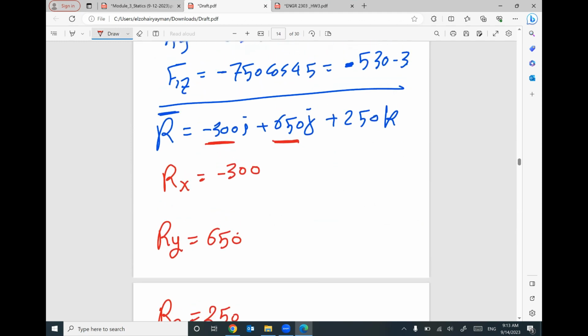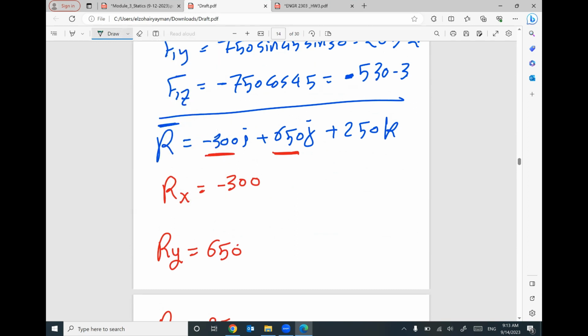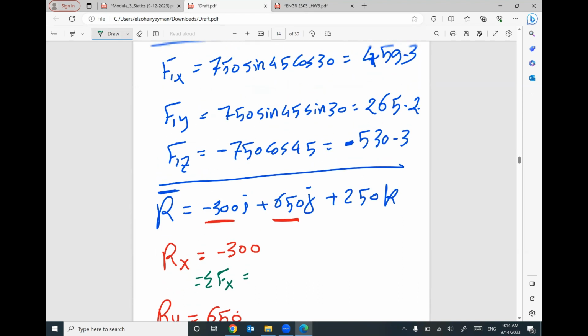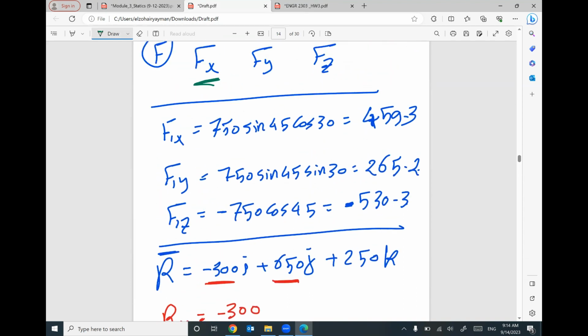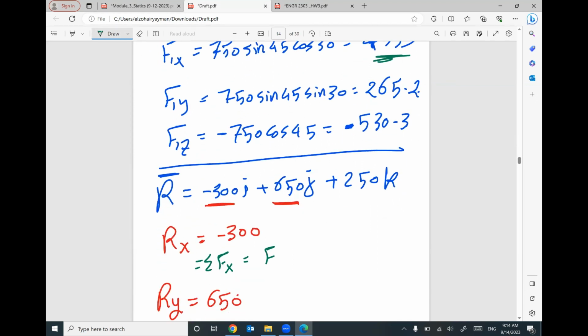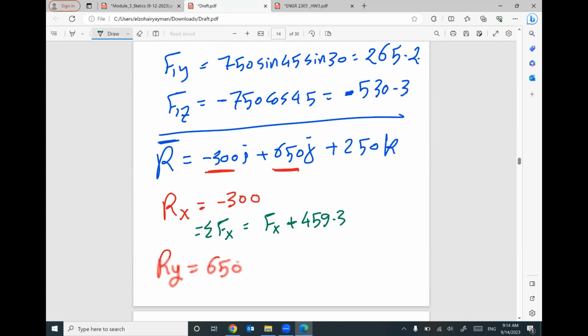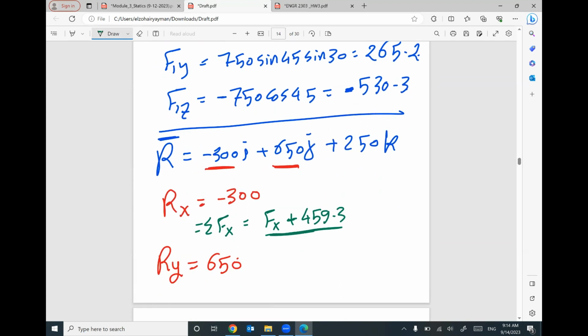Does that make sense? Keep in mind that originally Rx equals the summation of all x components. We have this x component and we have this x component. So I can say Fx for the first force plus 459.3 for the second force, the summation of these two components must equal negative 300.